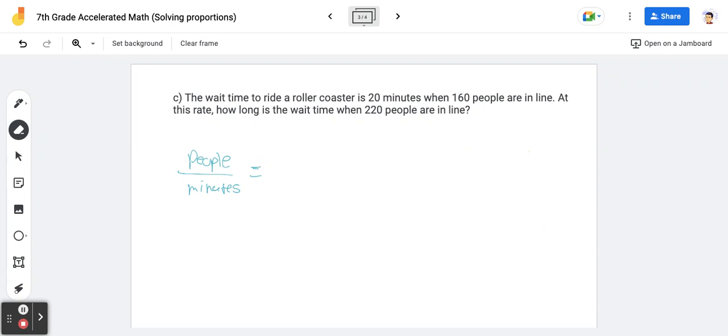All right. 20 minutes when 160 people are in line. So 160 and 20, right, is equal to, we want to know the rate for when 220 people are in line, over some variable, we'll call it x. All right, and let's go ahead, let's find out. Let's use our cross product here.